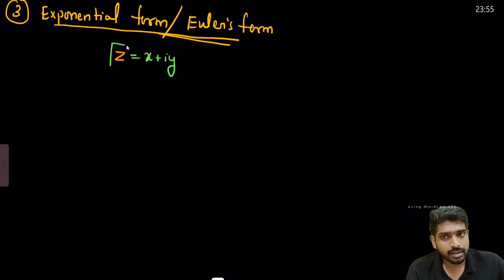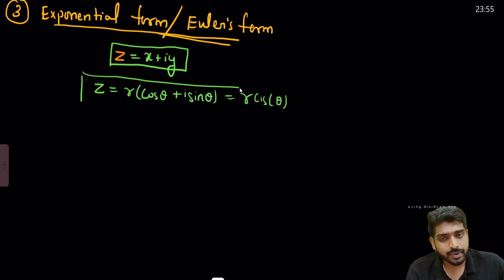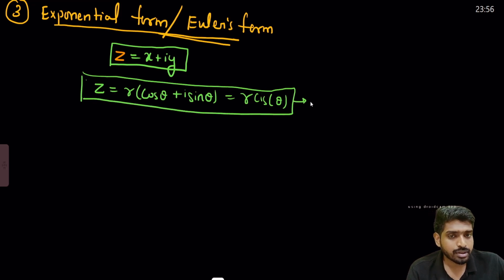And z can be represented as r cos theta plus iota sin theta, this form is polar form or trigonometric form. Got it? This was polar form, and that was Cartesian form.